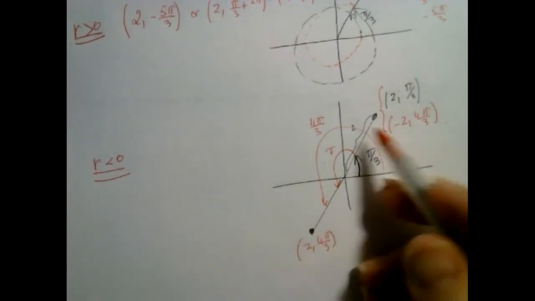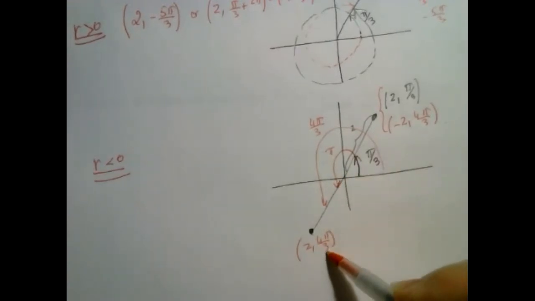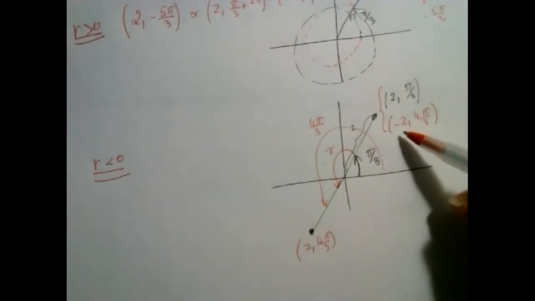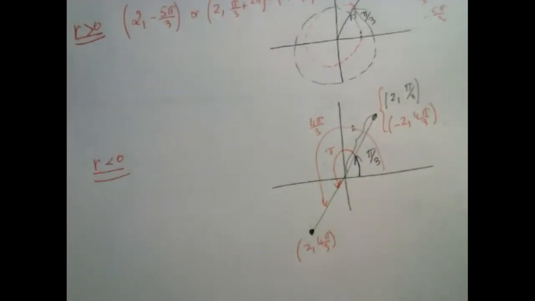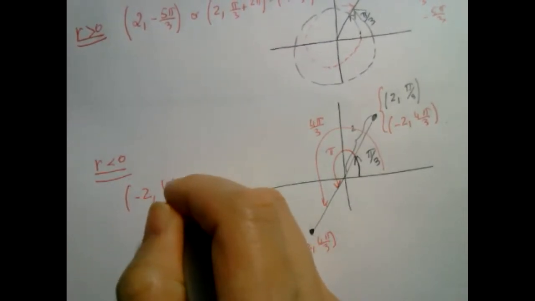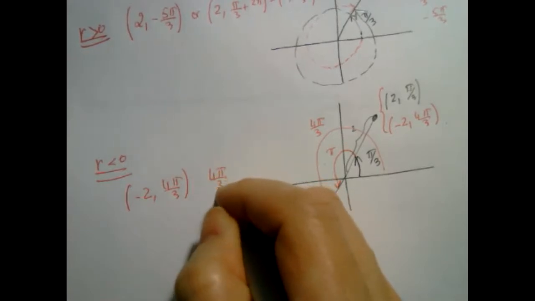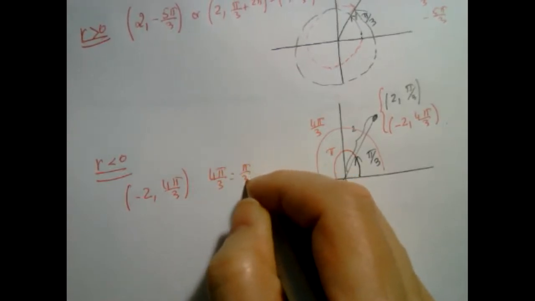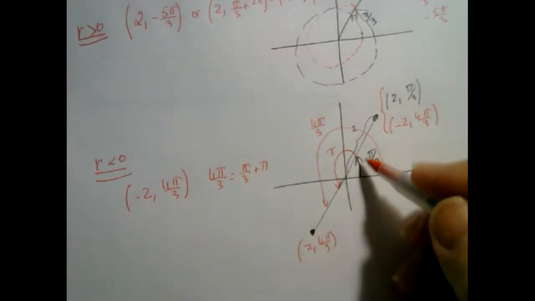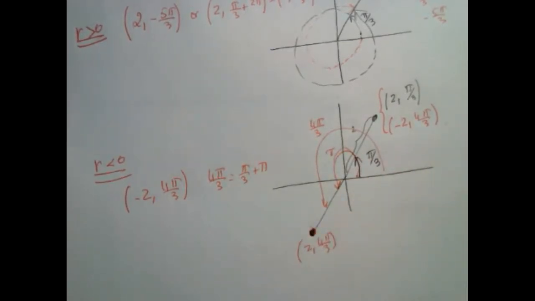It's 2. And the angle, if this is pi over 3, I'm going to add pi, which gives me 4 pi over 3. So this one is going to be -2, 4 pi over 3. So a negative representation, -2, 4 pi over 3, where the 4 pi over 3 is actually nothing more than the pi over 3 plus pi. Pi over 3 plus pi gives me the reflection with respect to the origin.